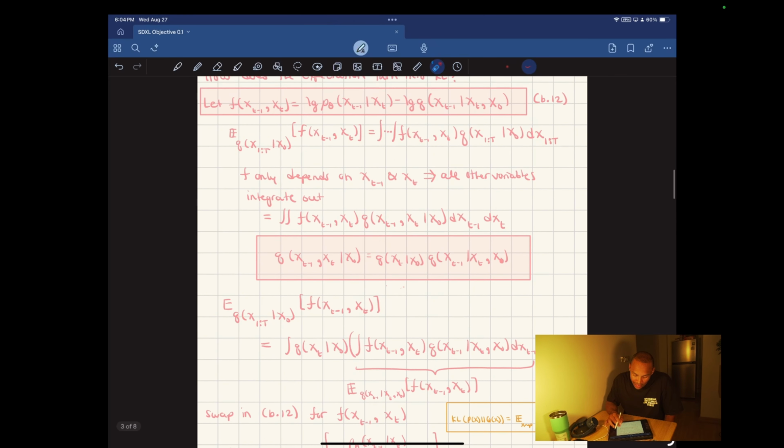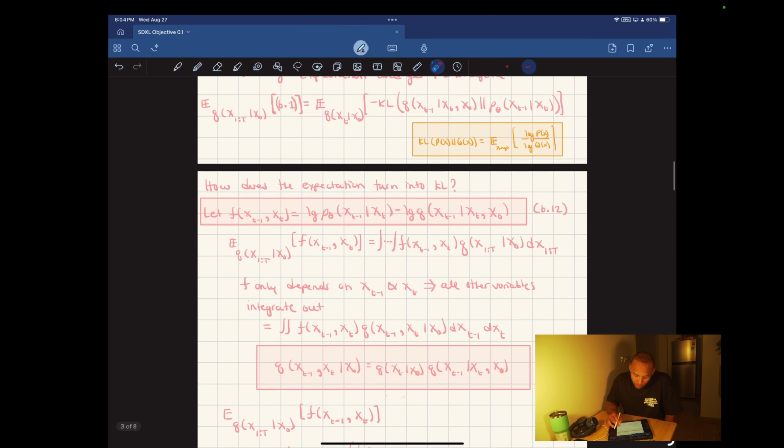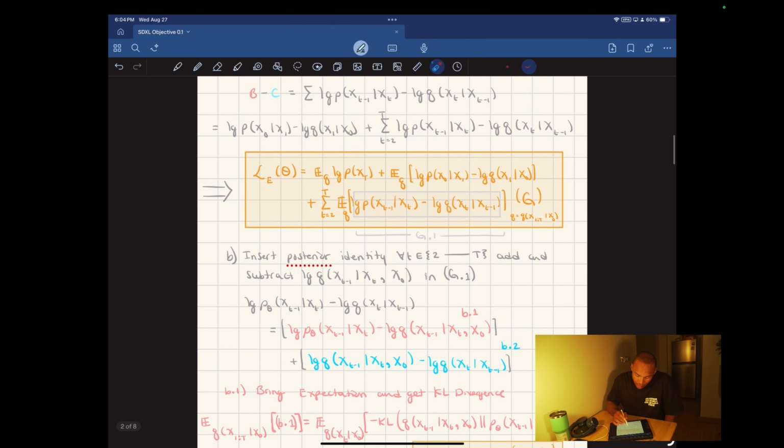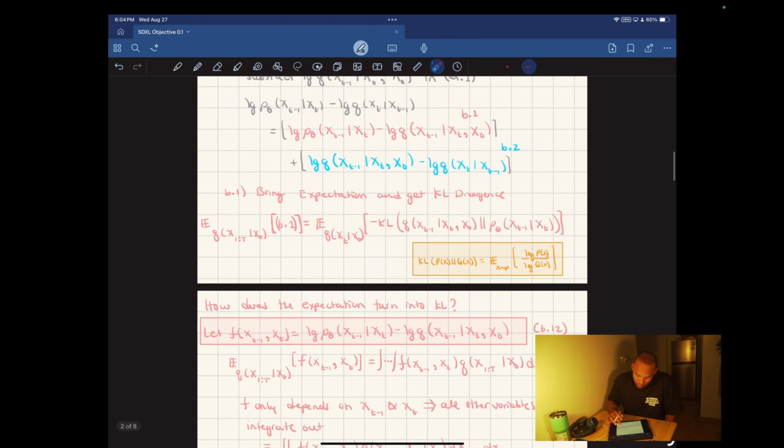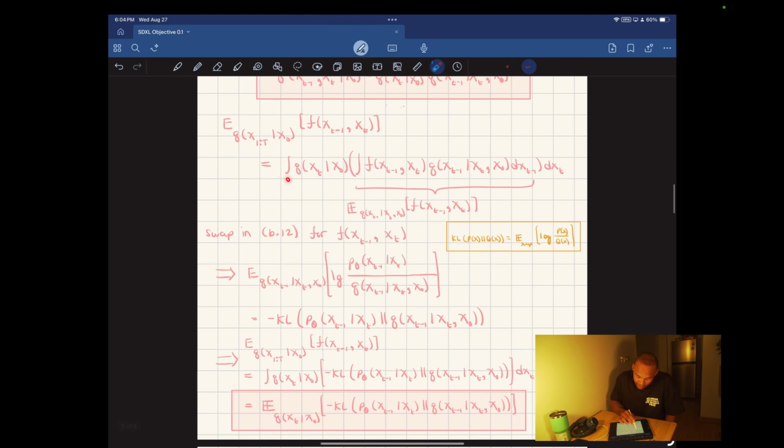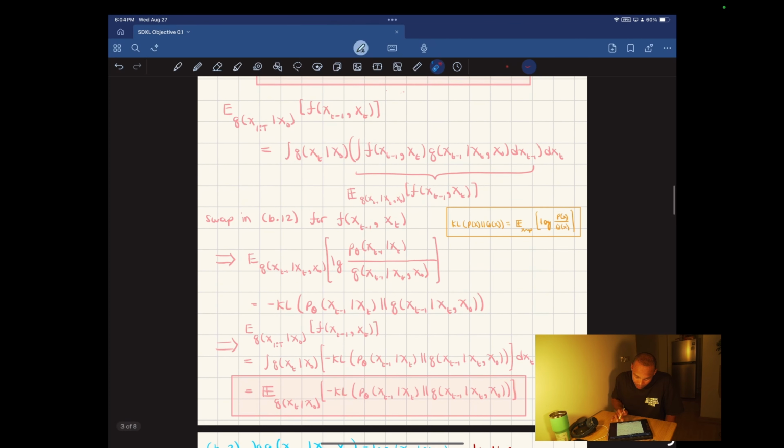And so it becomes an expectation. So once we bring in this expectation as well, we have this right here. This is the full thing written out. This becomes an expectation. So this becomes the negative KL divergence, and then this entire thing becomes this expectation of the KL divergence.